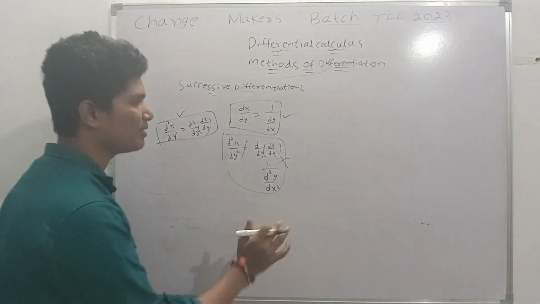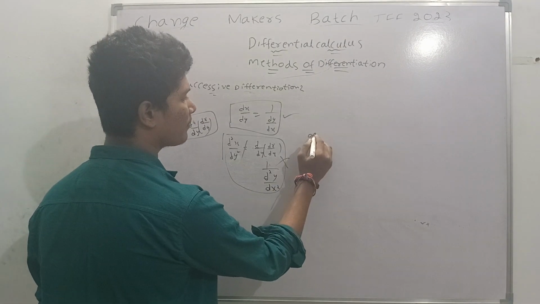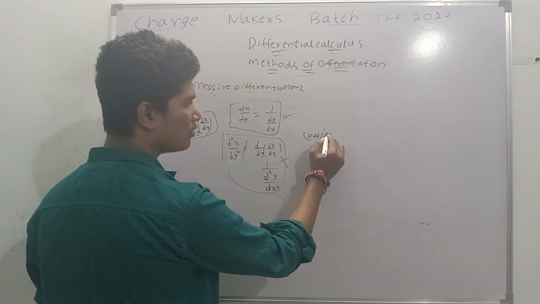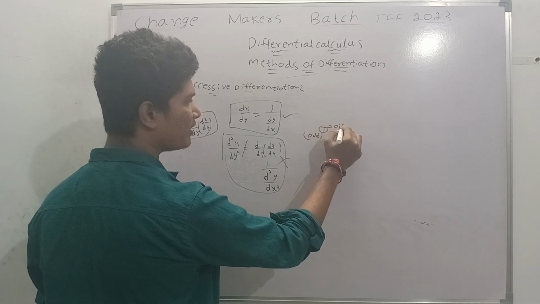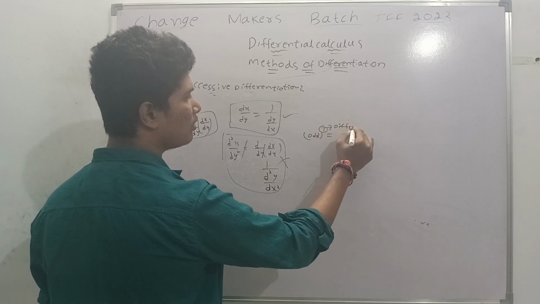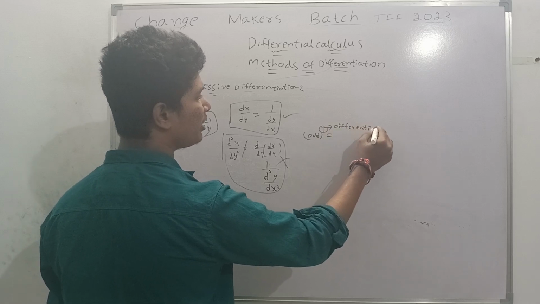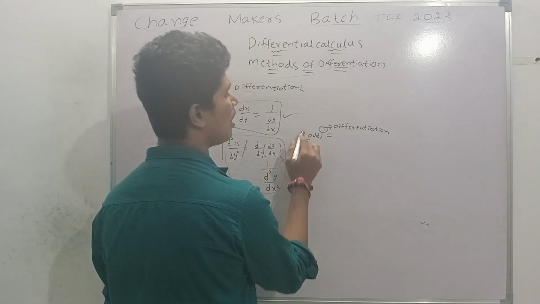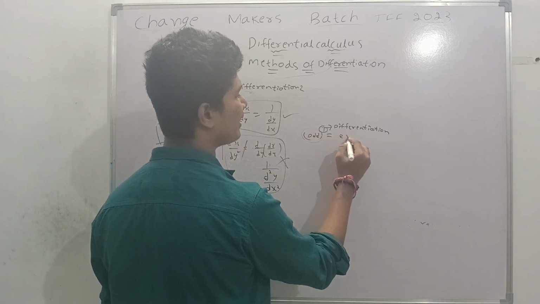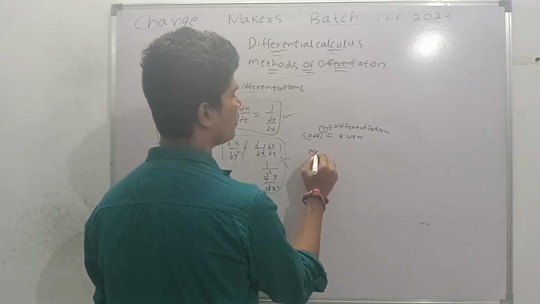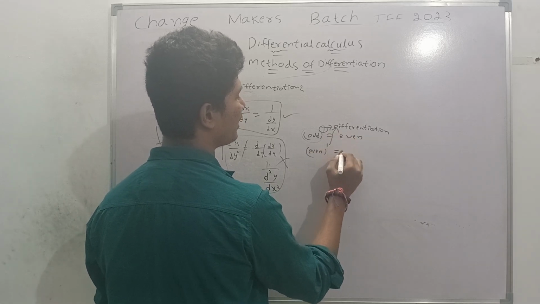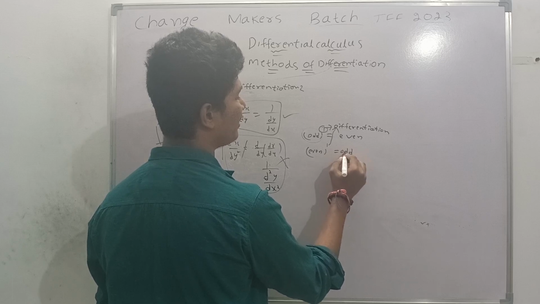And the last concept is, if you are doing odd function differentiation, you will get an even function. And if you are doing even function differentiation, you will get an odd function.